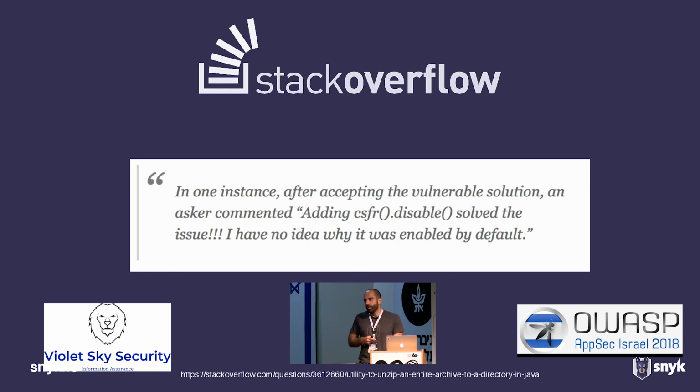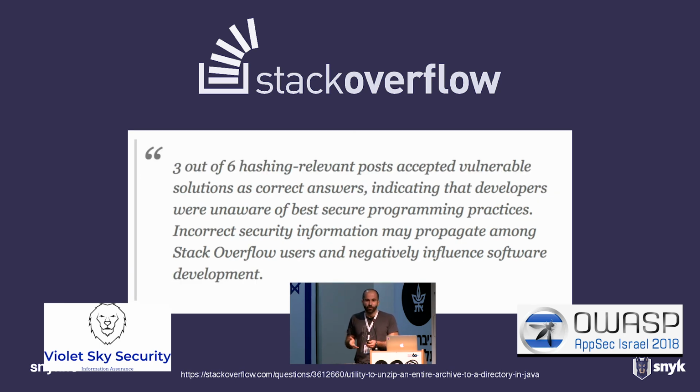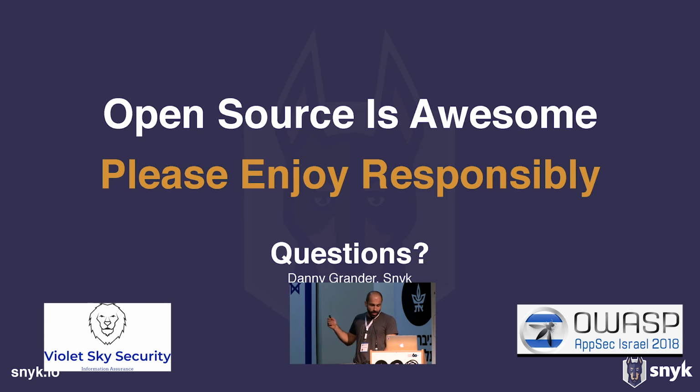Oftentimes they would see that people just disable the different security features, and since they disable the security feature, the project begins to work and it solves the problem. So the answers get upvoted on Stack Overflow, and the most popular answer is the one that works, the one that says, I disabled the SSL certificates, it fixed everything. So these answers oftentimes become the most popular ones, and they identified a bunch of issues around that. And that's all. Open source is awesome, and please enjoy it responsibly.